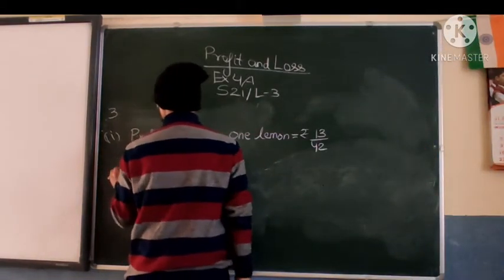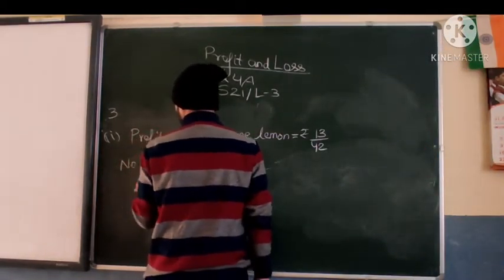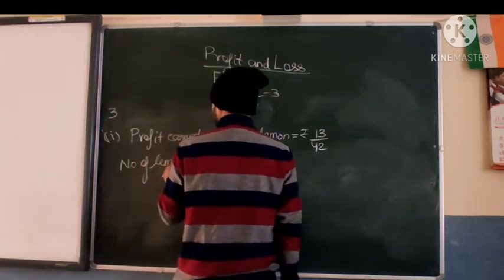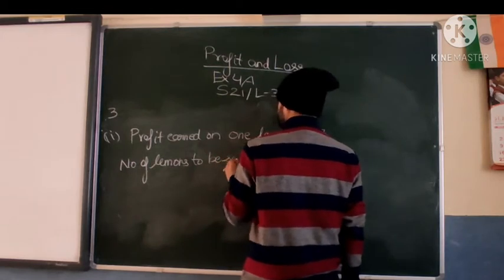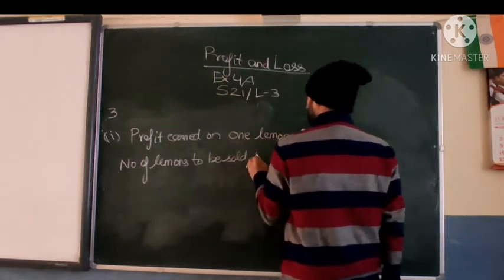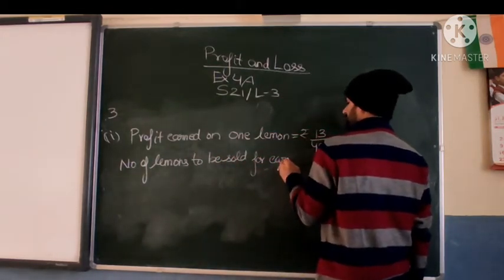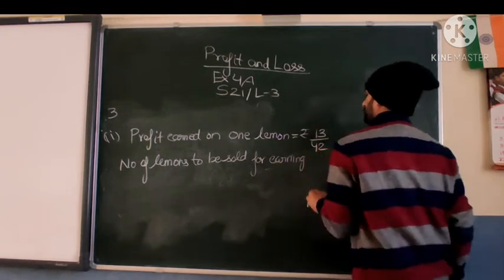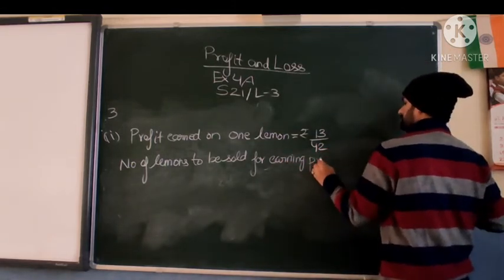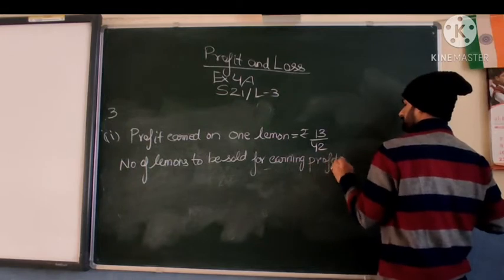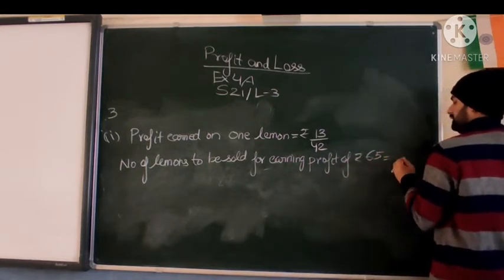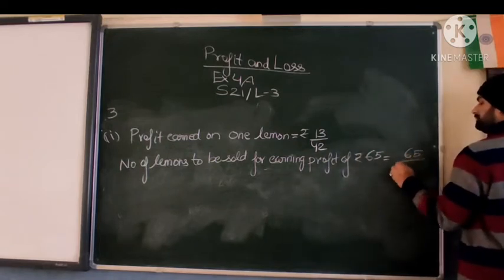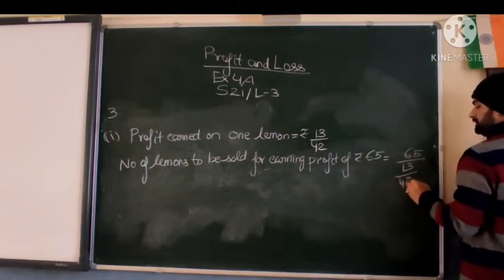Therefore, the number of lemons to be sold for earning a profit of rupees 65 is equal to 65 upon 13 by 42.